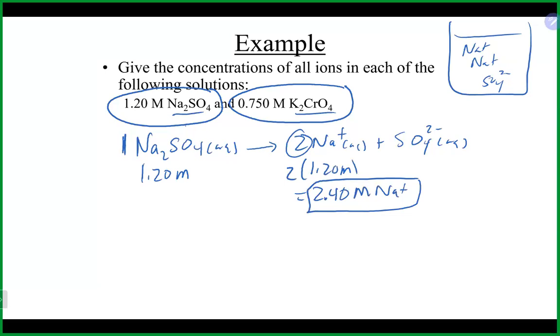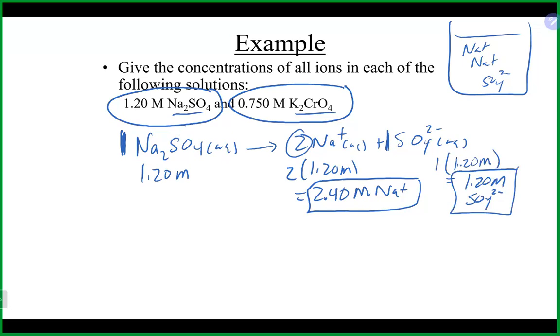And we could do the same relationship, or find the relationship between the whole thing and sulfate. And we see that it is a 1-to-1 relationship between the whole thing and sulfate, which means in this particular case, we would take 1 times the concentration of the whole thing. And that would give us a concentration of 1.20 molar. And that would be for our sulfate ions that are floating around in that solution.